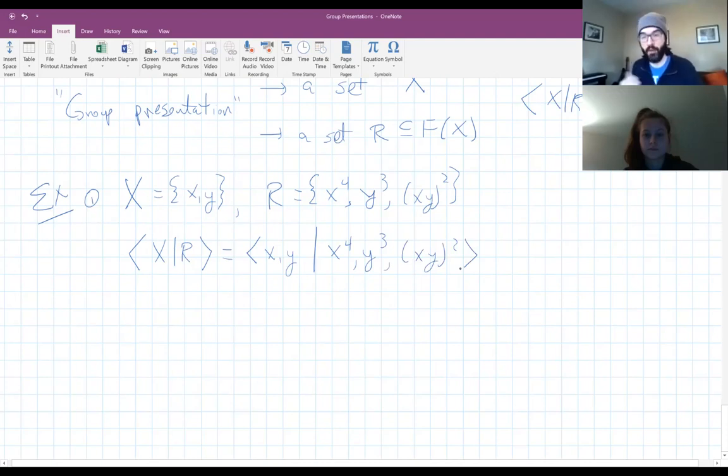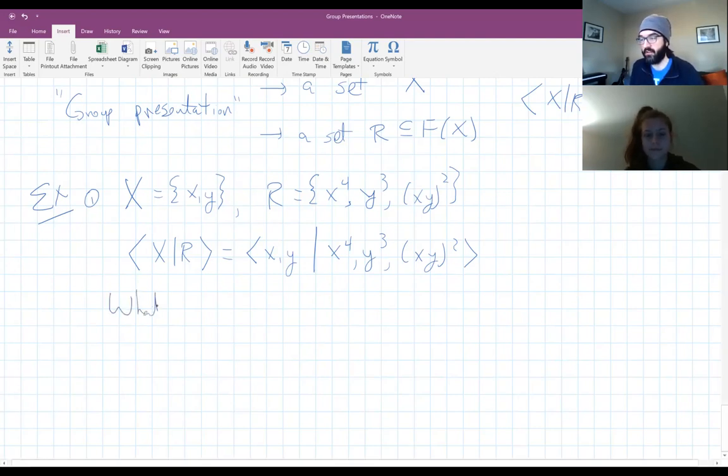This is not some familiar group where we can say, oh, this is just such-and-such group. Maybe it is, maybe it isn't. But this is a group. It has two generators, X and Y, and then we know X to the fourth is equal to the identity, Y cubed is the identity, and XY squared is equal to the identity.